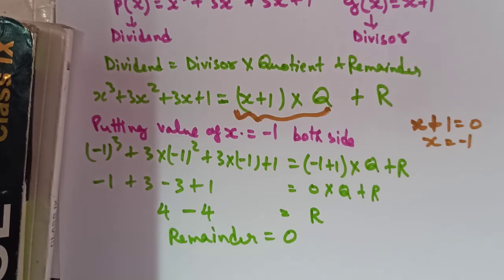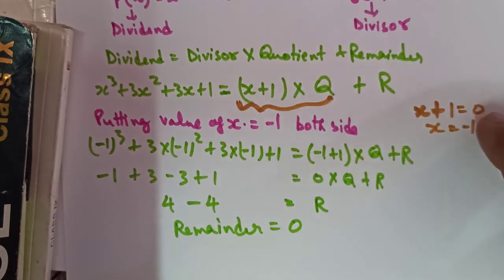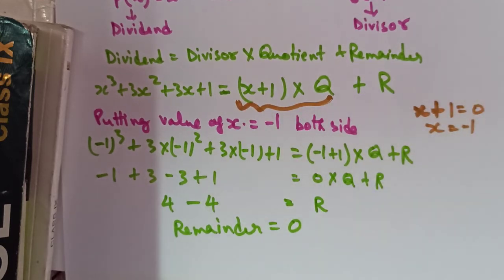But if you are not able to do it by the remainder theorem, then you can apply any of these methods. In all 5 parts, it is impossible for me to do all 5 parts by all 3 methods, because the video will become too large.